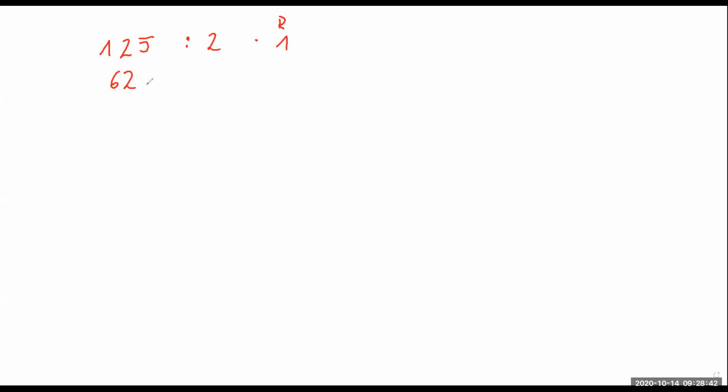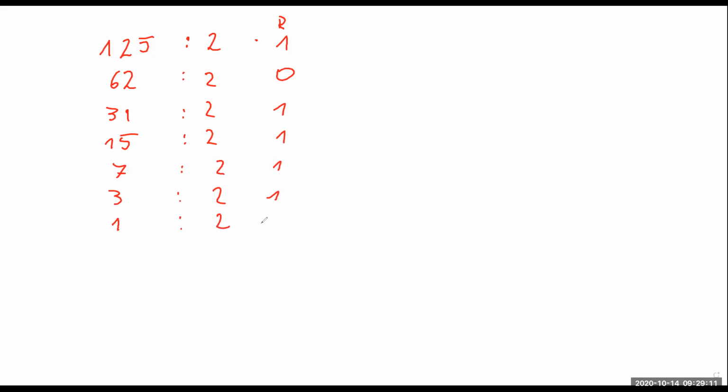Remainder 1. Then I divide by 2, so I get 31, remainder 0. Divided by 2, I get 15, remainder 1. Divided by 2, I get 7, remainder 1. By 2, I get 3, remainder 1. By 2, I get 1, remainder 1.